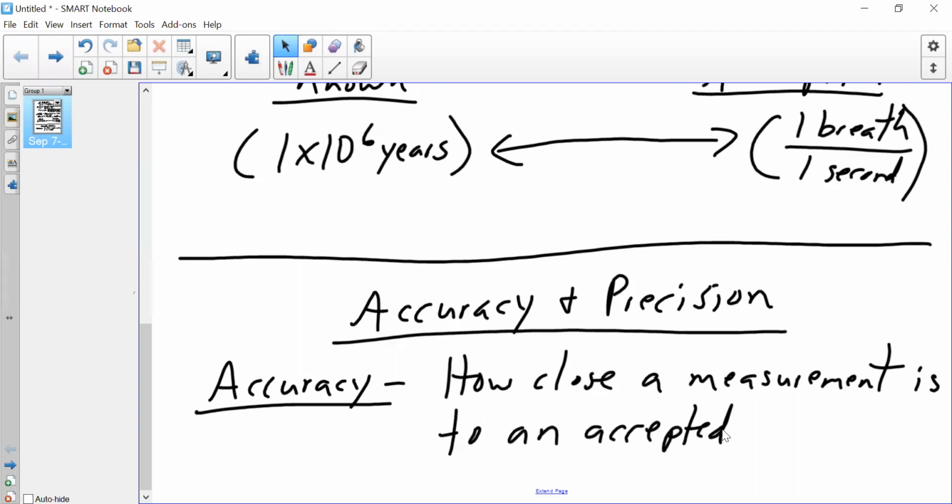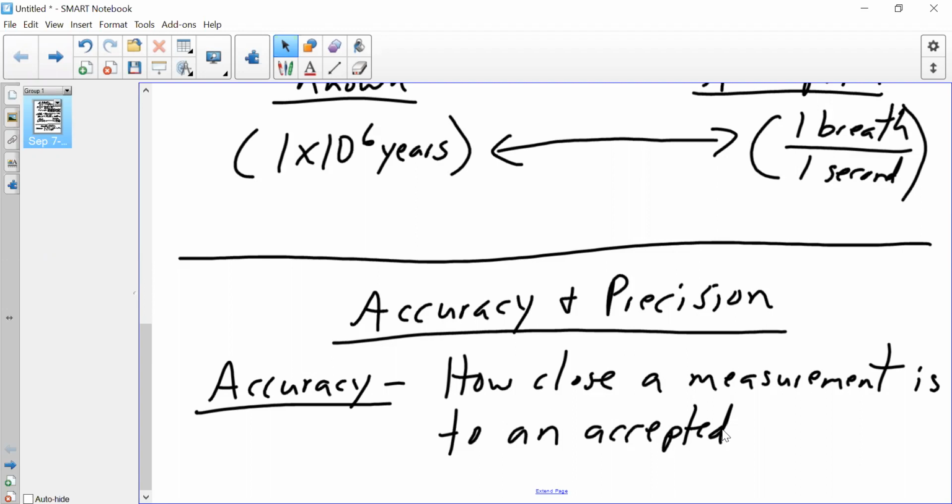Those things are important because we're going to have something called a percent error, where we compare the experimental result with our known result and see just how good our experiment actually was.